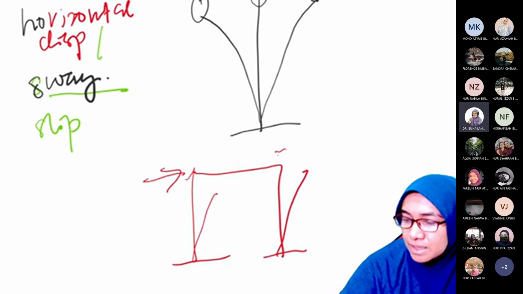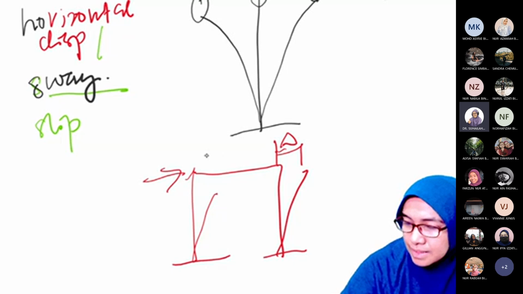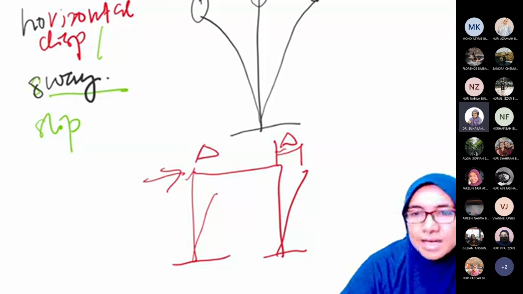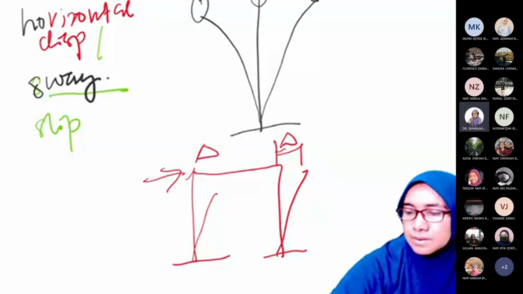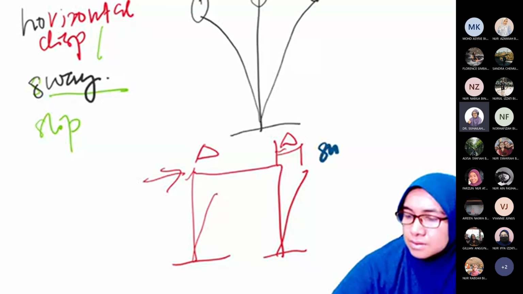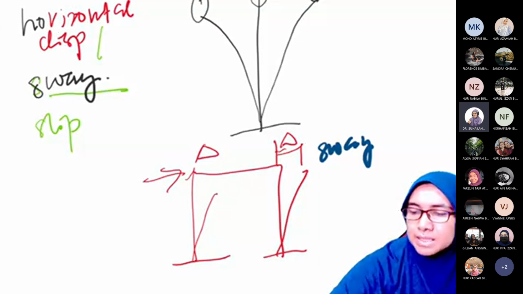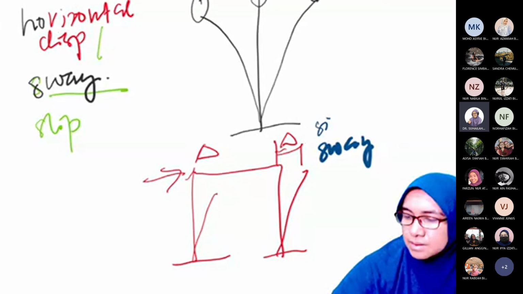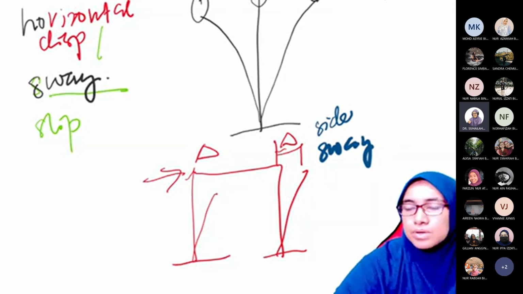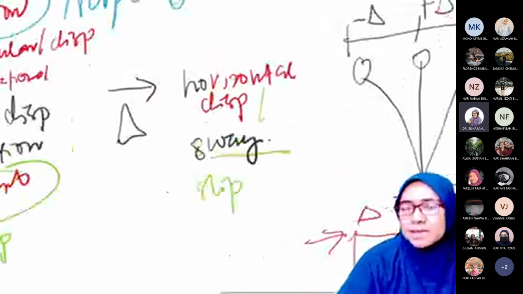So this is also delta, and this delta we call sway. But to make it easier to say, we don't say sway, we say side sway. Okay, side sway.